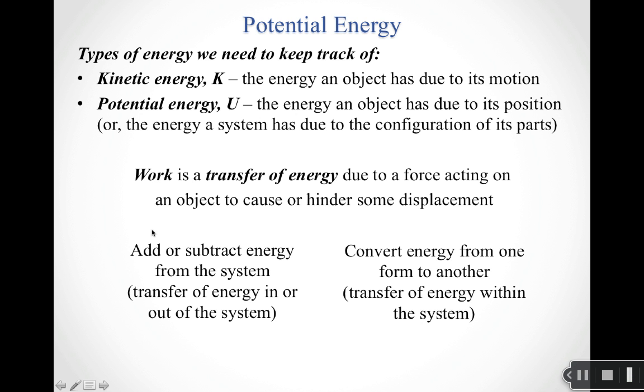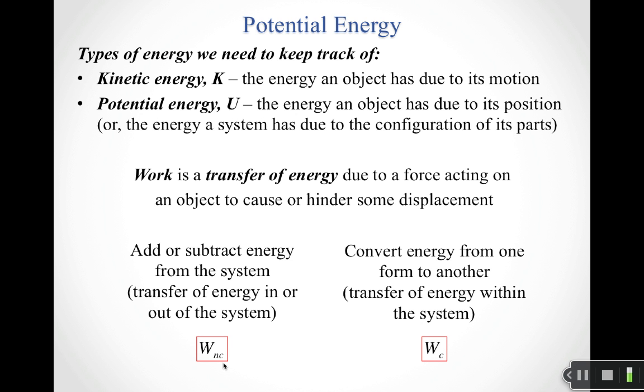So this first type, where we're adding or subtracting energy from the system, we're changing the total amount of energy we have, that requires work done by non-conservative forces. So when non-conservative forces do work on our system, they're going to act to change the total energy.